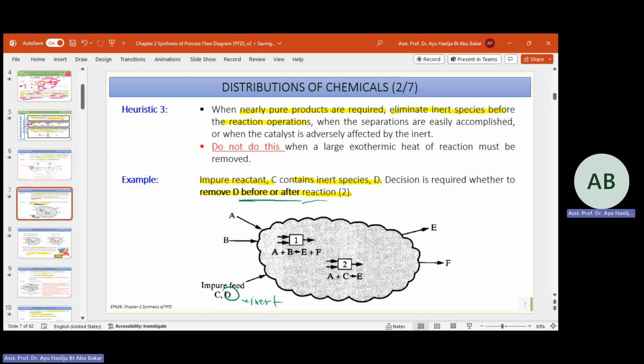If you don't remove it before, you will have inert in your product. Then you need to do separation of the D. It's either removed before or after, case by case.